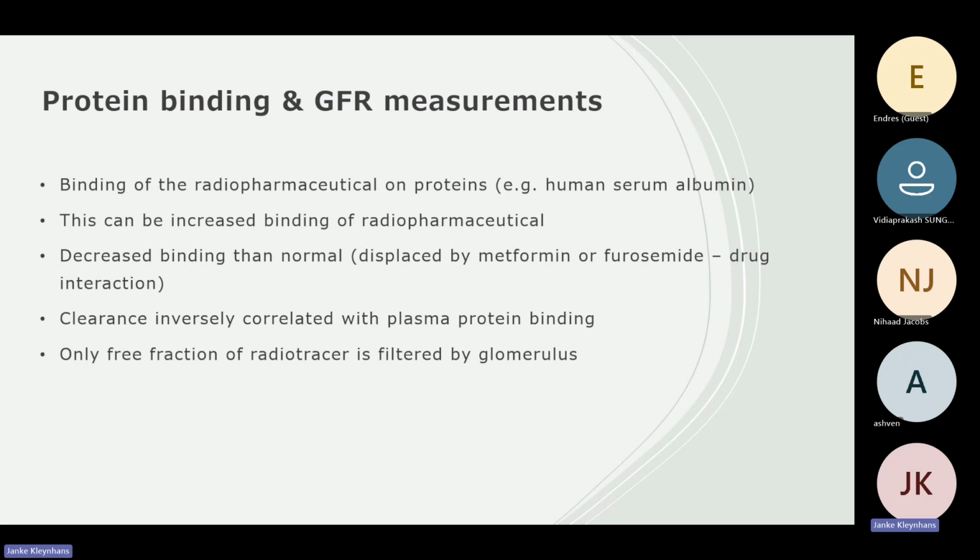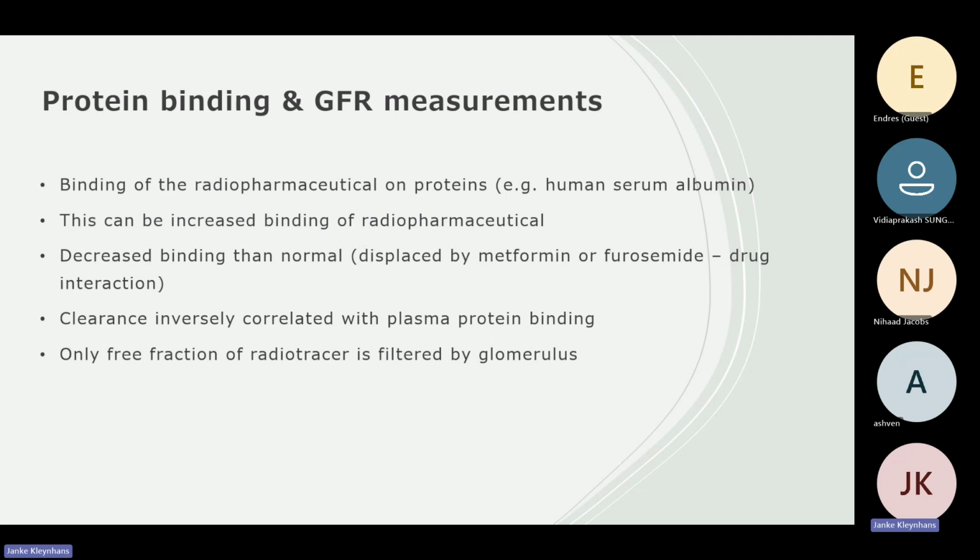For instance, technetium DTPA has a 10% binding to these proteins, and we know of it. So all of our calculations naturally accommodate this. Firstly, you don't want increased binding of the radiopharmaceutical, because if you have increased binding, it will not be filtered out by the glomerulus, and then you will have a falsely bad result. So it will be less GFR function than what it actually is.